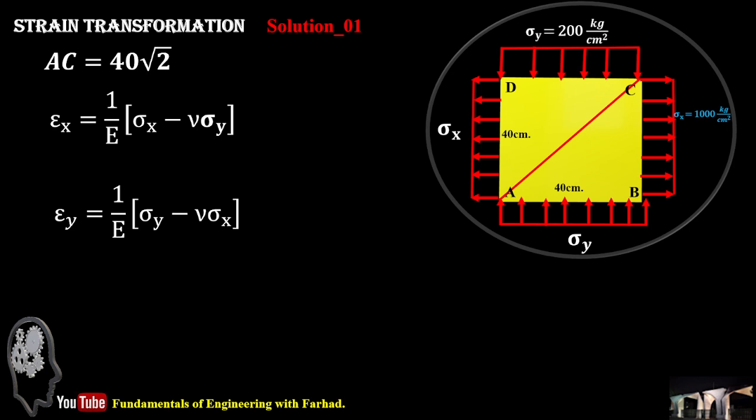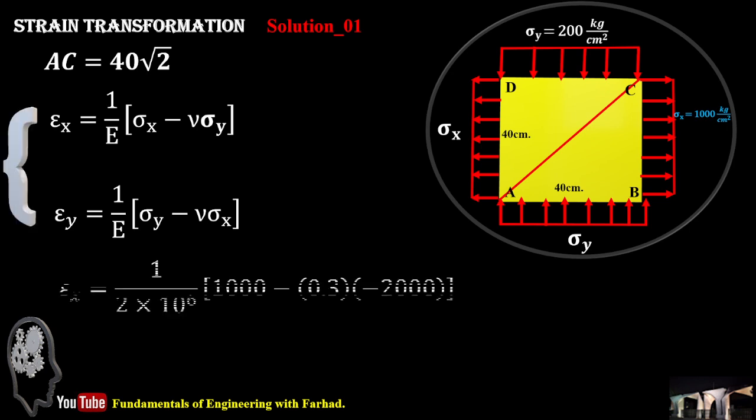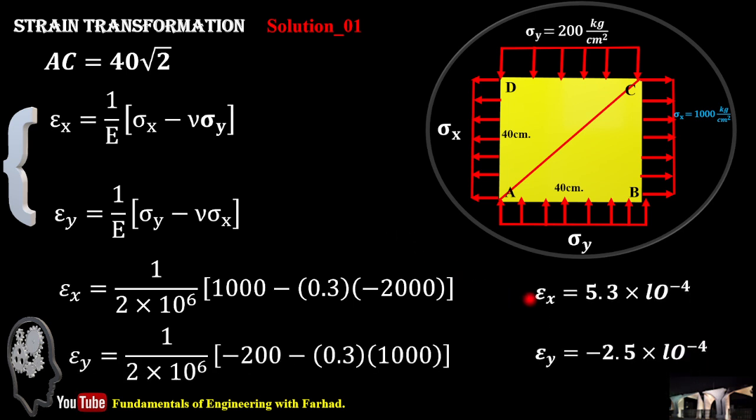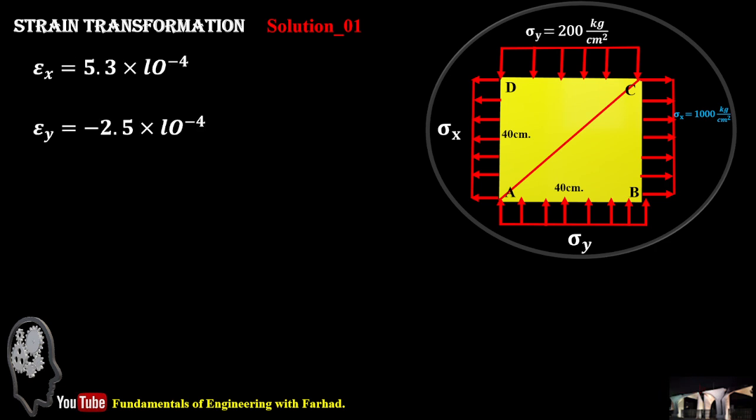Likewise, epsilon y is 1 over E times sigma y minus nu times sigma x. If we replace the data provided in the problem statement, we get epsilon x is 5.3 times 10 to negative 4 and epsilon y is negative 2.5 times 10 to negative 4, and they are dimensionless.